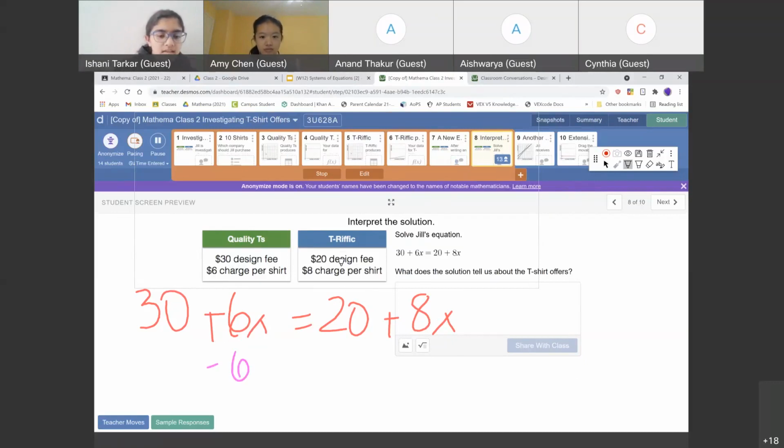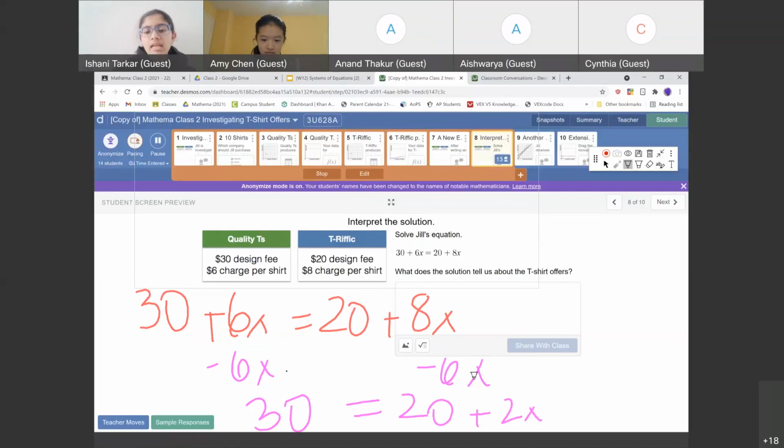So we subtract 6x from both sides, and we get 30 is equal to 20 plus 2x, right? And we subtract 20 from both sides because again, we're isolating the x. So we get 10 is equal to 2x, meaning that 5 is equal to x.